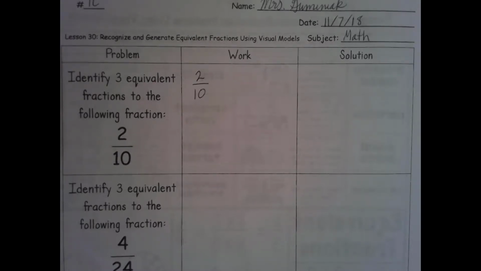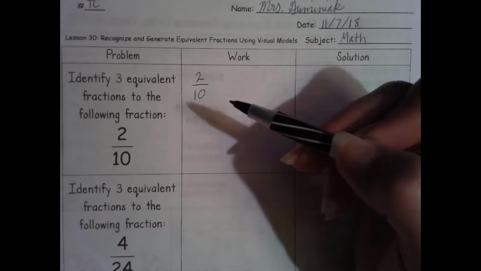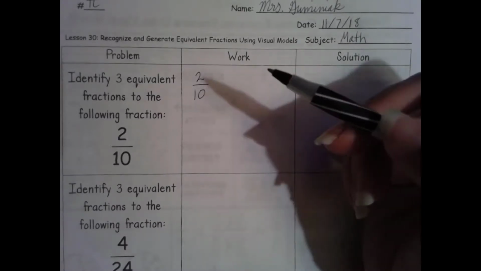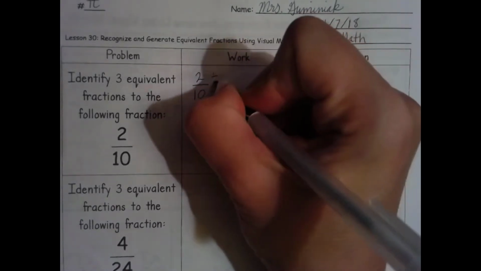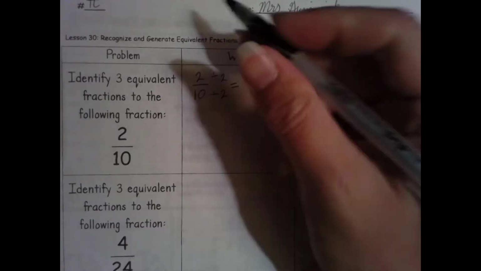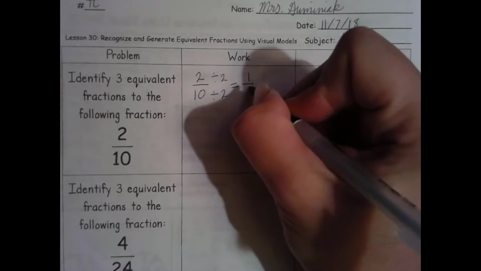And what you want to look at is, is there any number both of these can be divided by? Well, they're both even, and when they're both even, I can divide both by 2. And I'm doing them separately, so I need to write them separately. 2 divided by 2 is 1. 10 divided by 2 is 5.